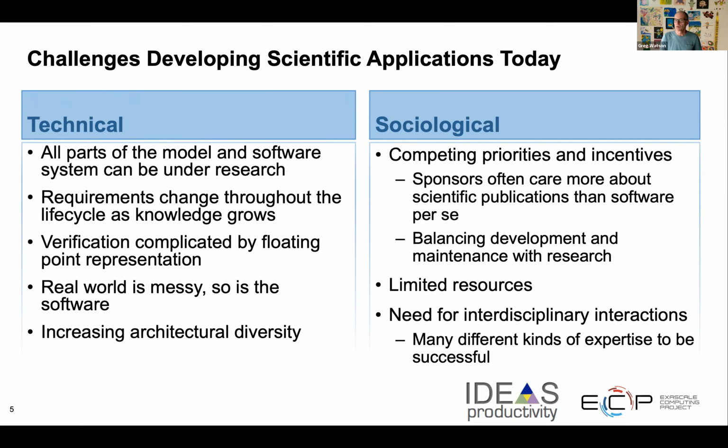From a sociological point of view, there's issues relating to priorities and incentives, such as sponsors who care more about publications than software quality, and balancing the development of the software with the research. And how much time should you spend on the software engineering aspect of the software versus the research?